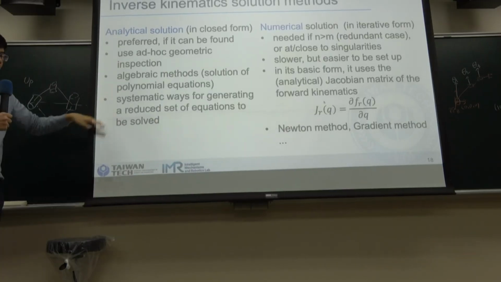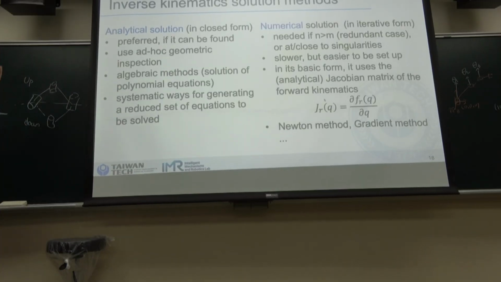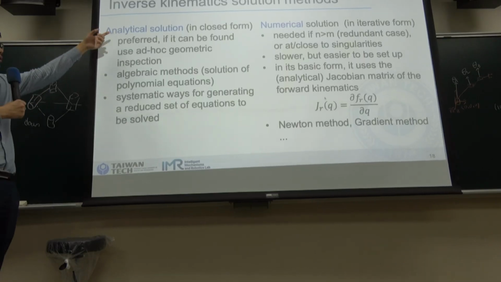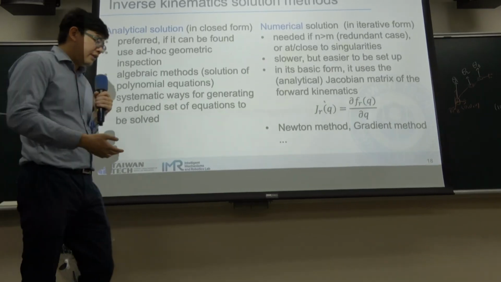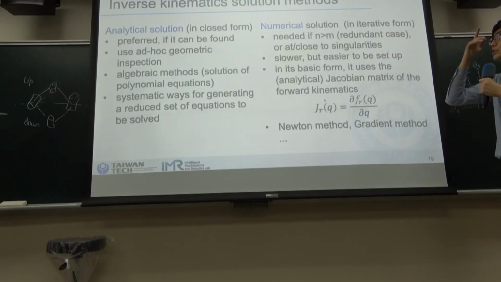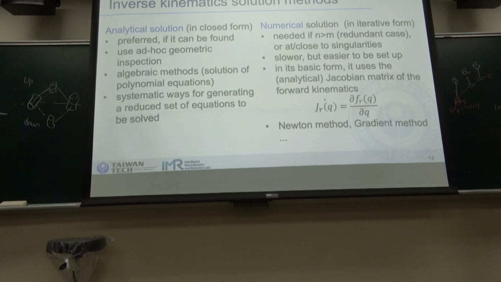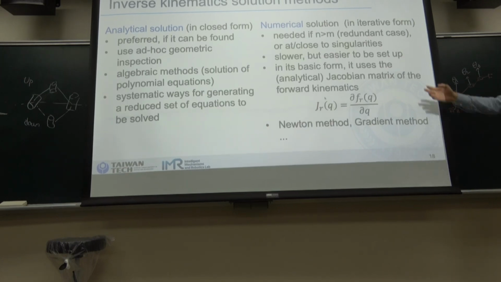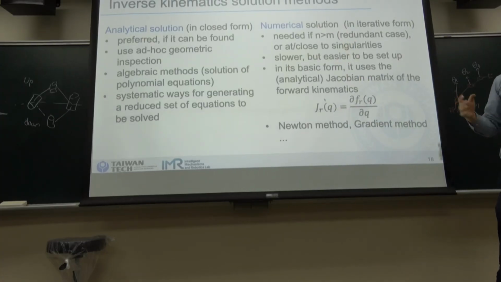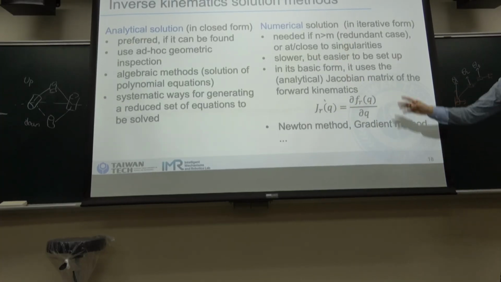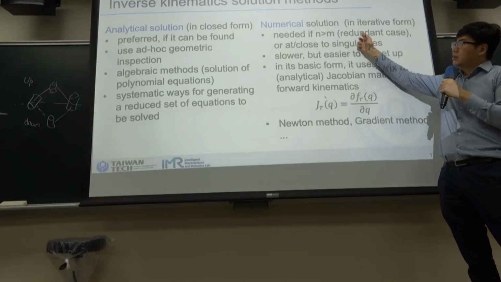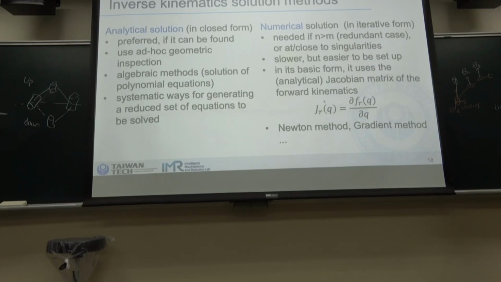If you want multiple solutions, if you want to get all the solutions of the inverse kinematics, you need to use the analytical solutions. On the other hand, we have the numerical solutions. Because if we have redundant robots, that means we will have infinite solutions for the inverse kinematics, in this case we need to use numerical solutions.